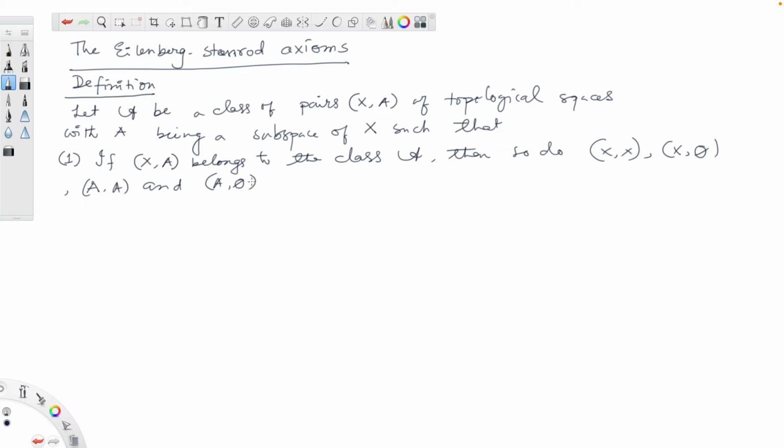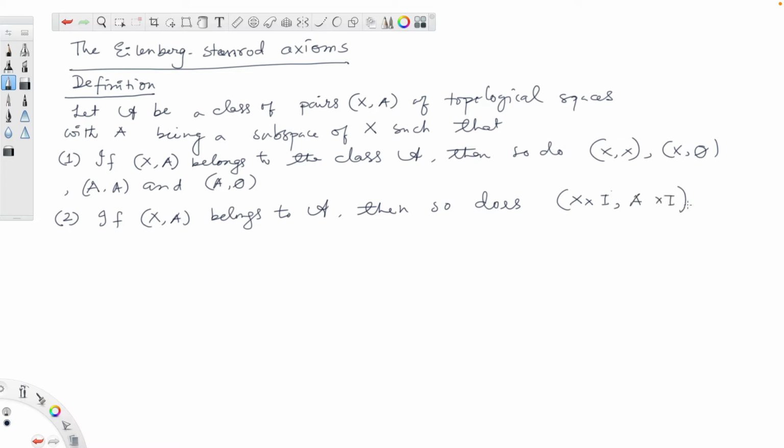All right. The second condition tells us that if (X, A) belongs to this class calligraphic A, then so does this pair (X cross I, A cross I).